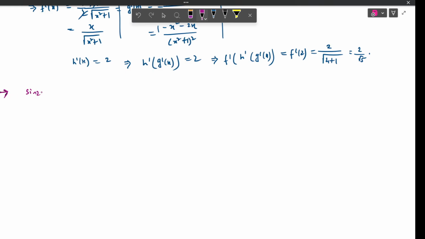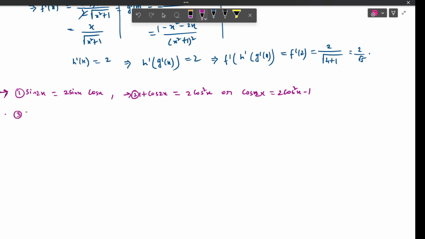So sin 2x is 2 sin x cos x. Next, 1 plus cos 2x is 2 cos square x, or cos 2x is 2 cos square x minus 1. Let's give this 1, this 2.